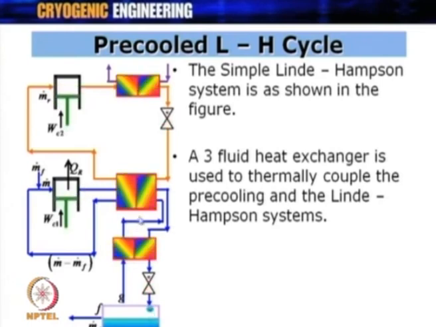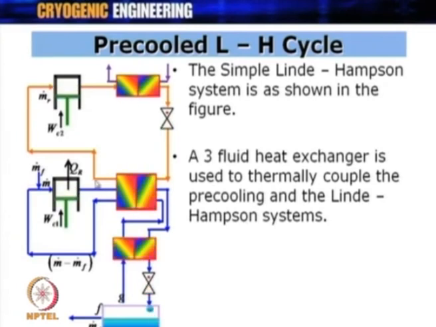Now, as soon as you have one more refrigerant, you have one more compressor, and therefore this will be called a refrigerant compressor, and this follows a simple vapor compression kind of cycle. Therefore, it has a condenser at this point, and this condenser could be air cooled or water cooled. This basically does the condensing of the refrigerant.